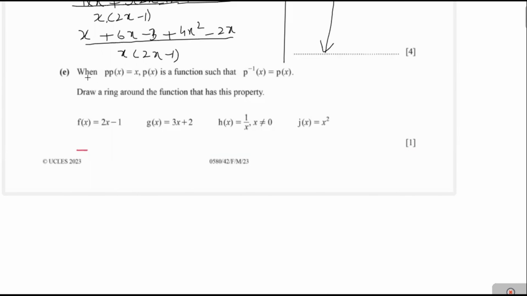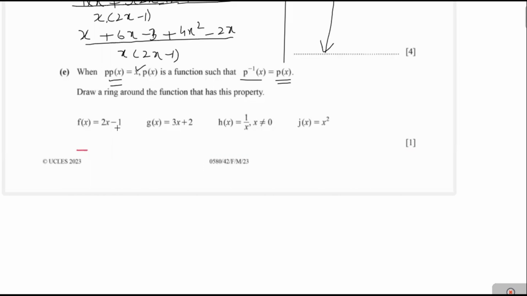Now you see here, next part E: when P of x equals x, P of x is a function such that P inverse equals P of x. When you multiply P into P of x, we get P of x.